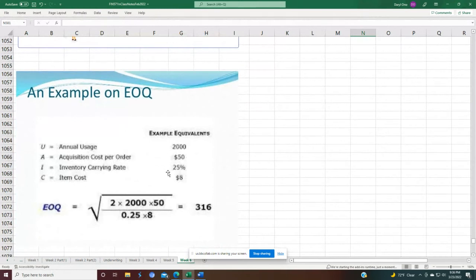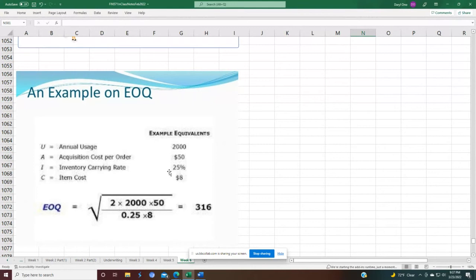So it's not like this stuff is new, but companies don't use it because it's complicated. All right? So here's an example of an EOQ calculation. We have here the annual usage for this item is 2,000 units. Every time we place an order, how much does it cost? $50.